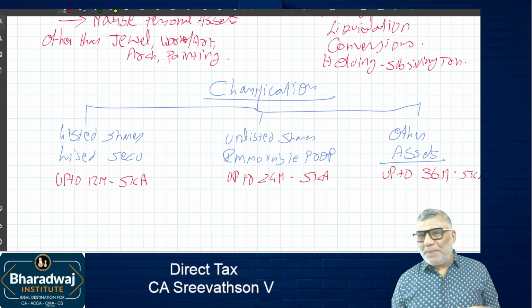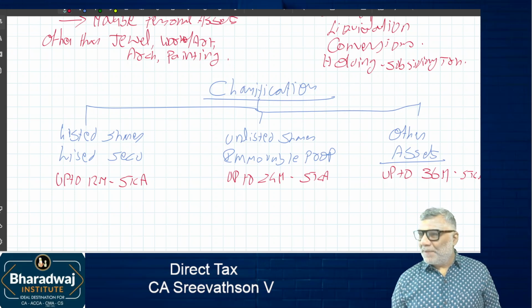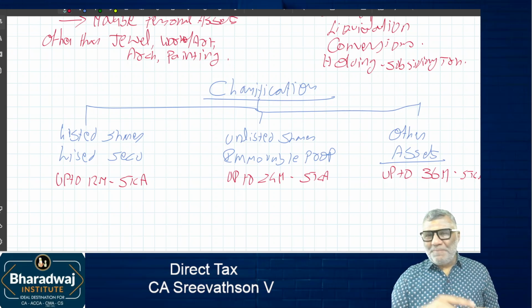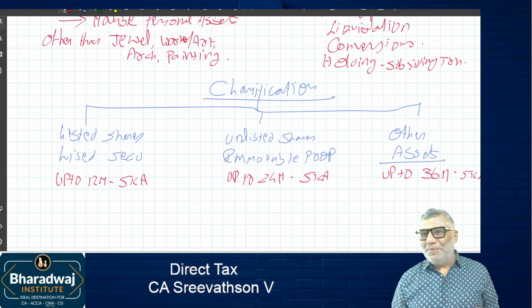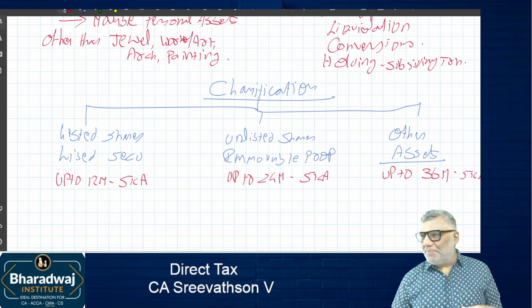If the sale has happened after the budget date, two options the finance minister has given: pay at 20% with indexation, or 12.5% without indexation. This year, because it is not a February budget but an election year, the budget was on July 23rd. Up to July 23rd, one provision. From July 24th, another provision.